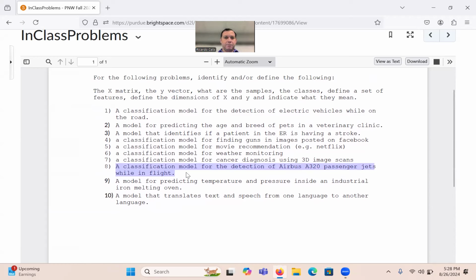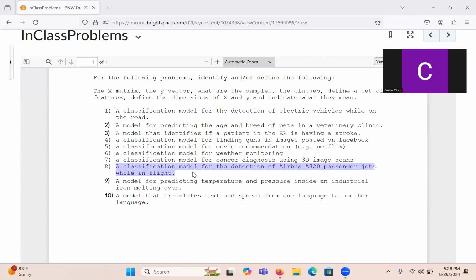So, a classification model for the detection of Airbus A320 passenger jets while in flight. I need to switch to the whiteboard here. How do I do it? Here it is, whiteboard, sorry.